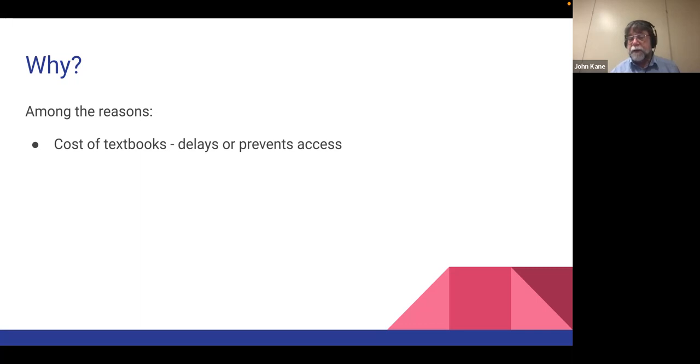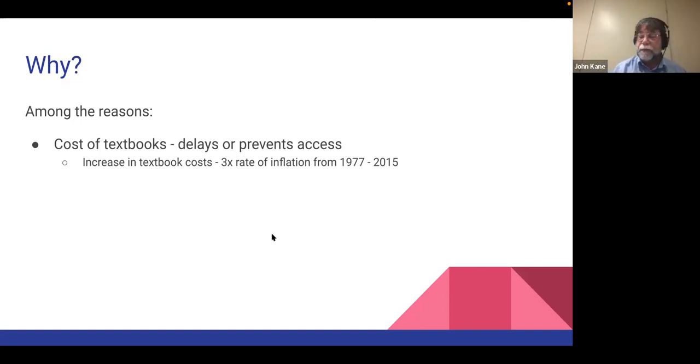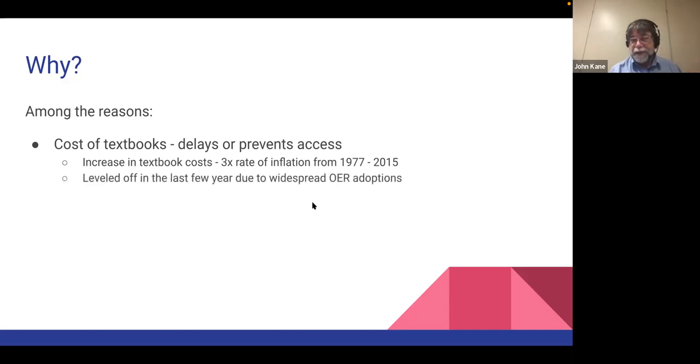That's only slowed in the last 3 or 4 years, in large part because of the growth of OER and other alternatives that have forced publishers to keep prices somewhat lower than they had been. In particular, between 1977 and 2015, the rate of increase in textbook prices was 3 times the rate of inflation. Again, this has leveled off because of the growth of OER adoptions.